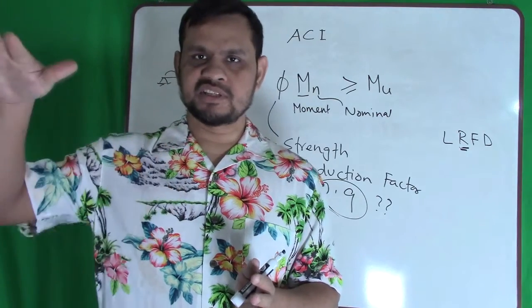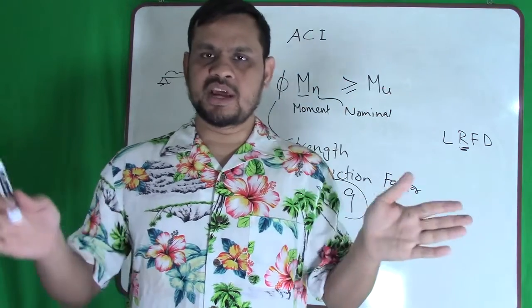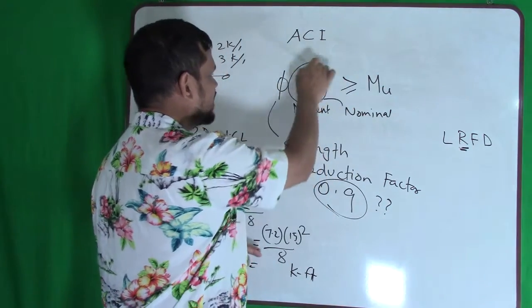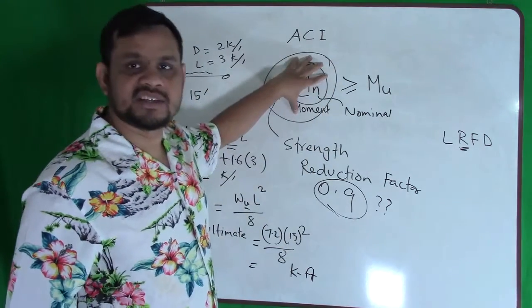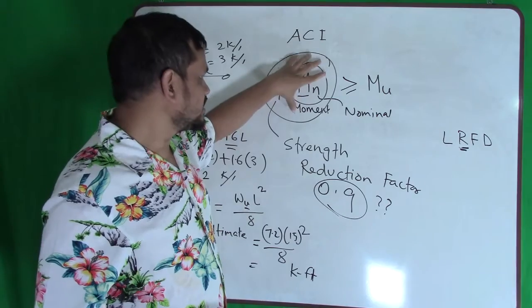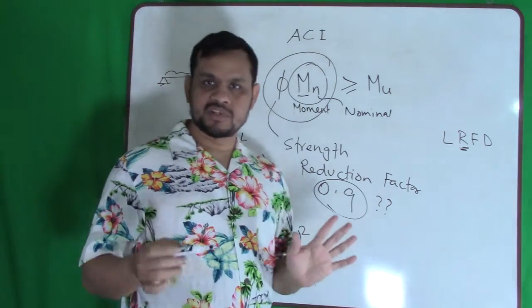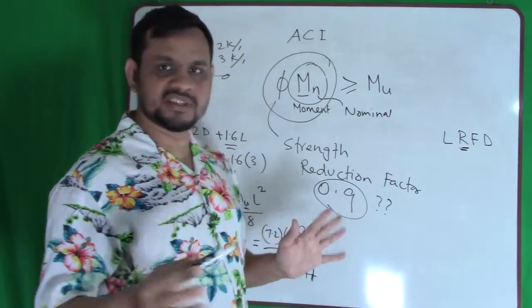One is I am decreasing my strength, other is I am increasing my load. Then I am comparing, and this portion is called nominal. After multiplying, it becomes my design moment.